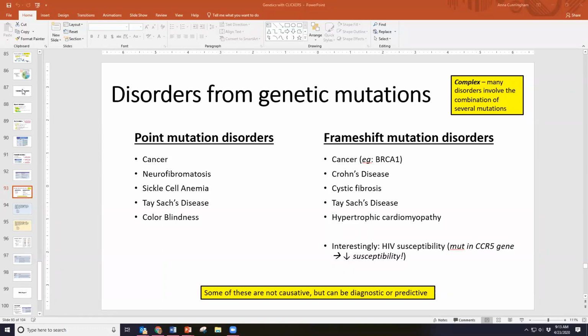Cancer involves a lot of point mutations and frameshift mutations. A lot of the cancers that tend to be more severe, like breast cancer as a result of the BRCA1 gene, and prostate cancer, those are the two off the top of my head, tend to have several more frameshift mutations.